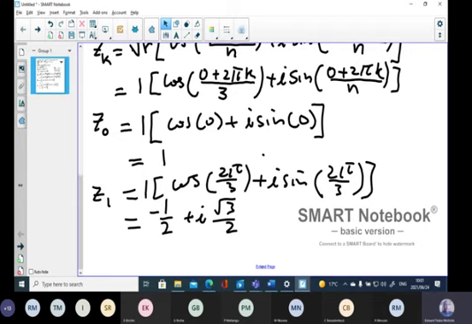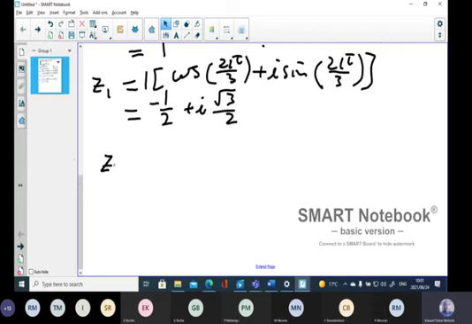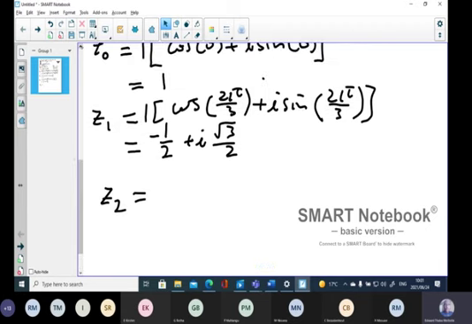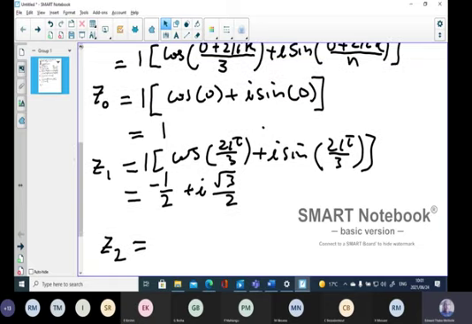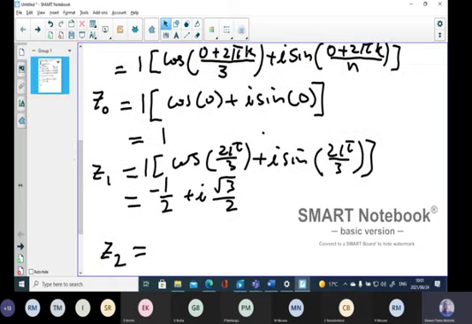Now the last one that you determine is Z2. Z2 is equal to, wherever you see k here, you substitute 2. So 2 pi multiplied by 2 is 4 pi. So we have cos of 4 pi over 3 plus i sin 4 pi over 3, because it's 1, I've already multiplied by 1.